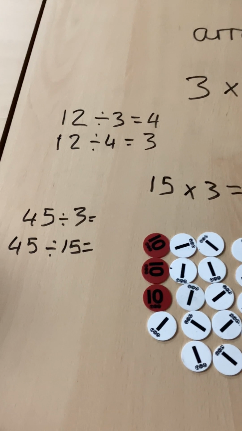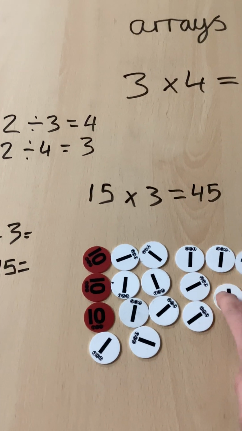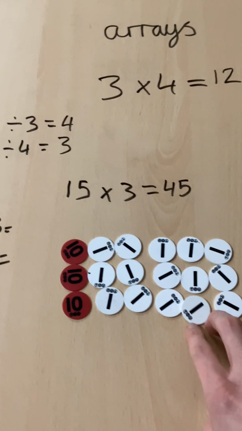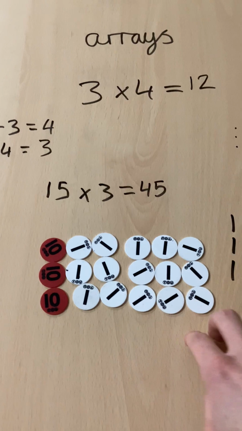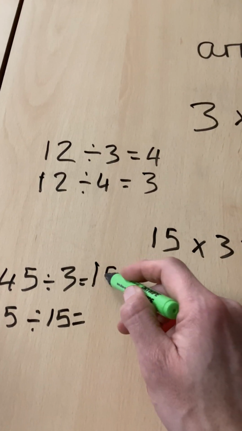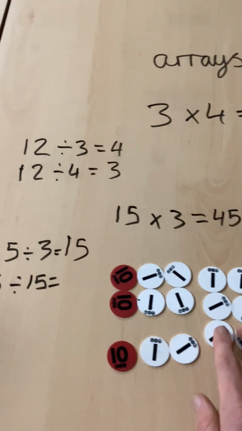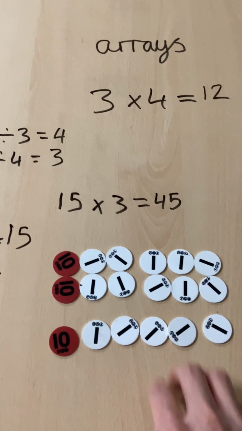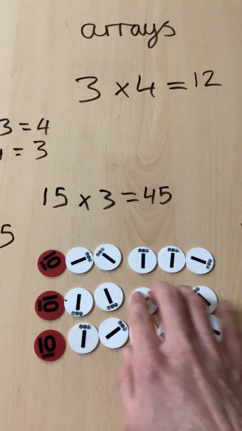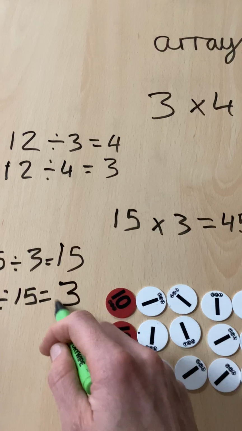Because if we do 45 divided by 3, we've got our 45, and we've put it in 3 rows that are exactly the same to give us our answer of 15. Or if we said 45 divided by 15, well, I've got 15 there, and I've got 15 again, and 15 again, to give me my answer of 3 15s.